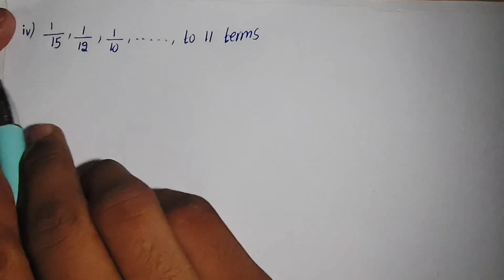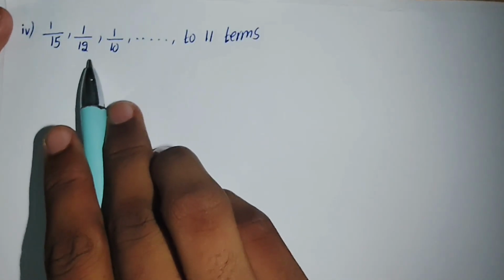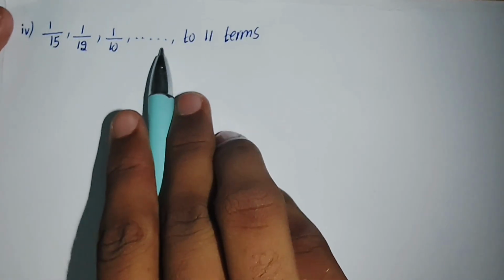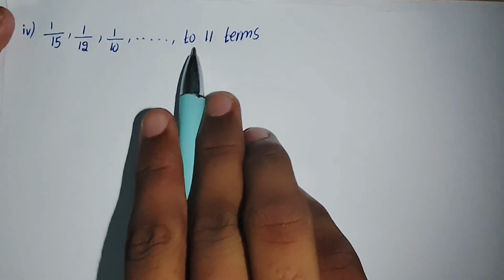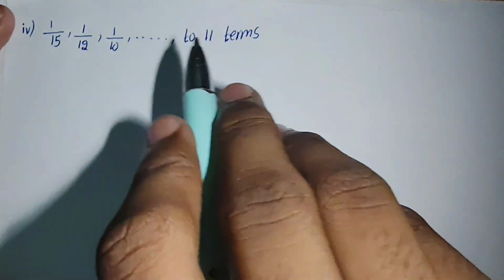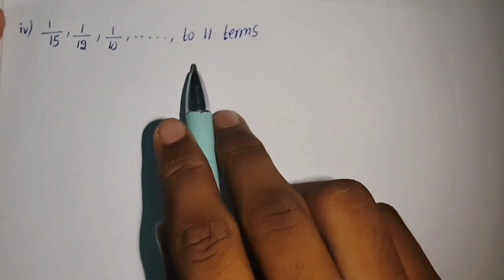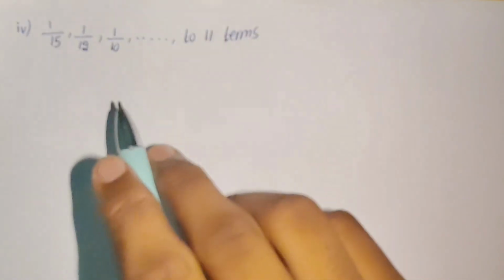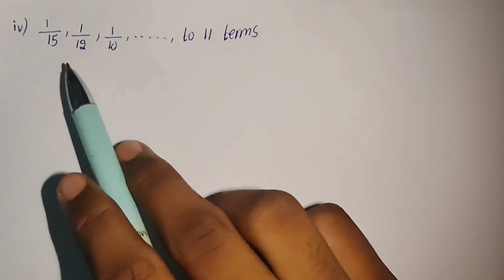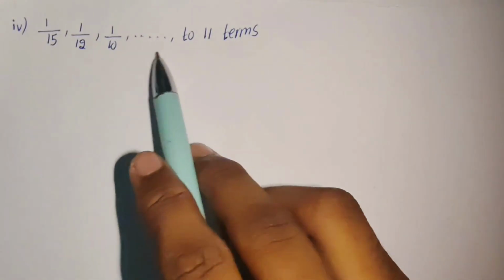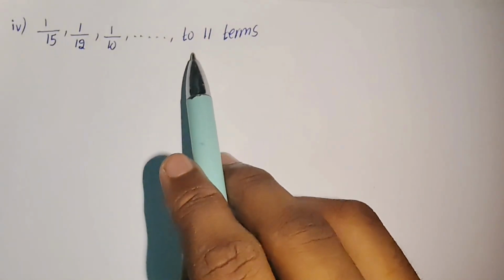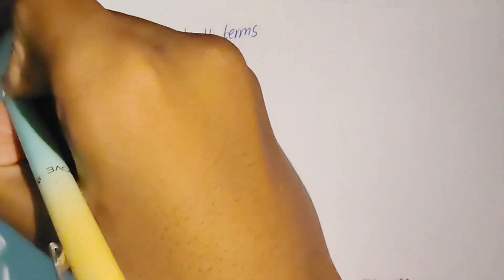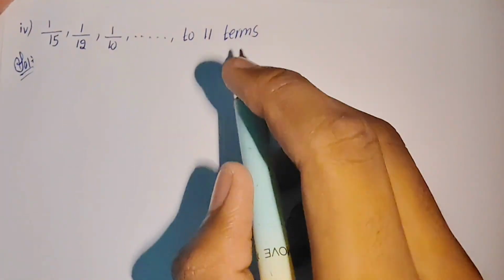So here the given fourth question is 1 by 15, 1 by 12, 1 by 10 and so on to 11 terms. So he said in the question 1 by 15, 1 by 12, 1 by 10 and so on up to 11 terms. So let us solve it. 11 terms means n terms.